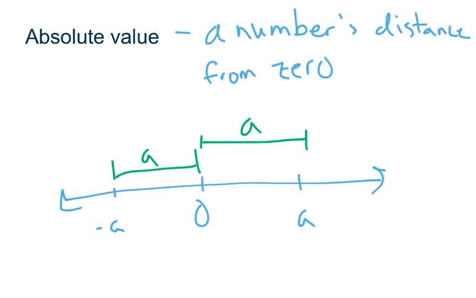But we have one that goes to the right, and we have one that goes to the left. And so what we have is two values that have the same absolute value.